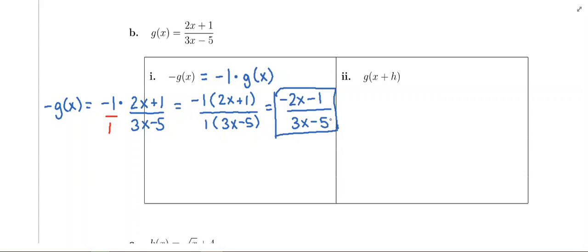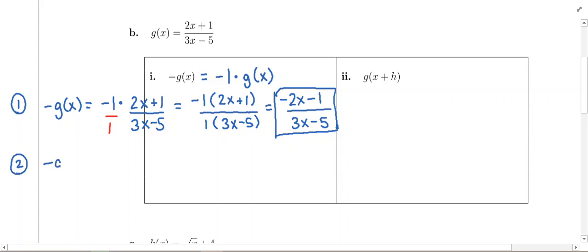Okay, now hold on. There's a couple of ways to actually do this. Let's think about it this way. Again, if you are forming negative g of x, all you have to do is multiply the function by negative 1. So I'm just showing you a different way that you could think of this. Let's take our function. The original function is 2x plus 1 over 3x minus 5. You need to multiply it by negative 1.